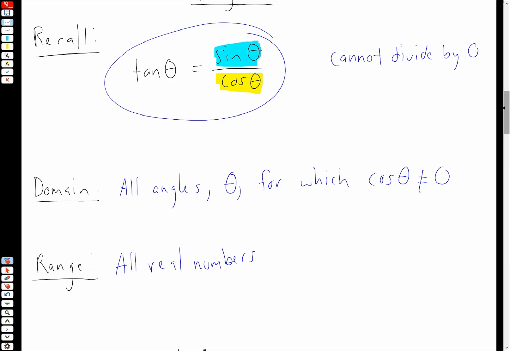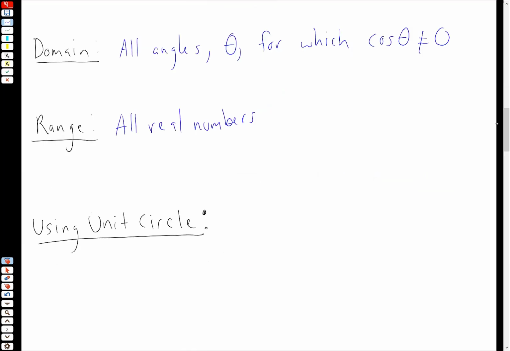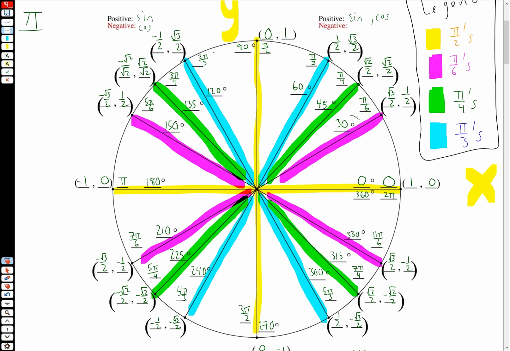Okay. Now, before we go to the graph, I want to comment really quick, how do you use the unit circle for tangent? Well, remember, in the unit circle video, we defined tangent of theta as the y-coordinate divided by the x-coordinate. So if we go to our unit circle, okay, how would you evaluate something like tangent of, let's say, 30 degrees? Okay, what you would do is you would take the y-coordinate and divide it by the x-coordinate.